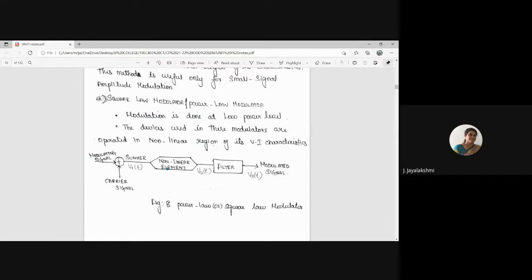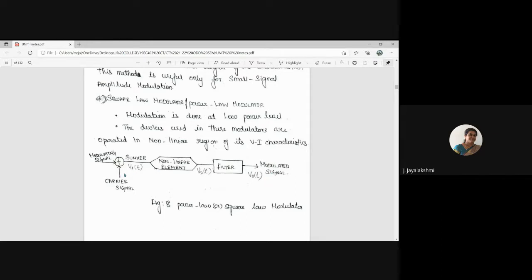You have to choose the proper bias voltage VCC. Either you can go for a fixed bias or collector to base bias or voltage divider bias, whatever the biasing technique, it is biased in such a way that it is operated in the nonlinear region of the characteristics. Then it is put onto the filter, and the filter output is going to be your AM modulated signal.